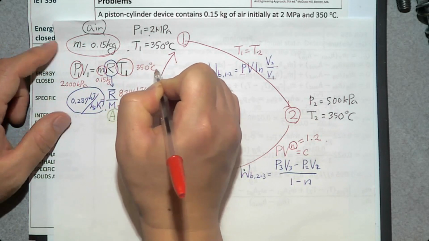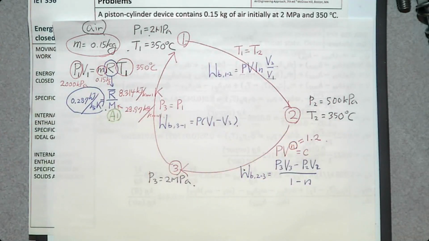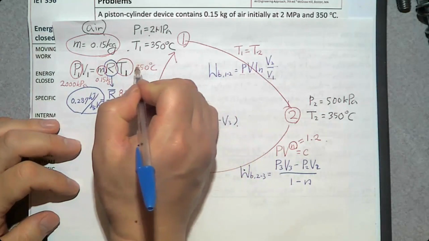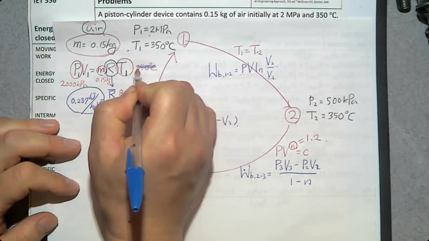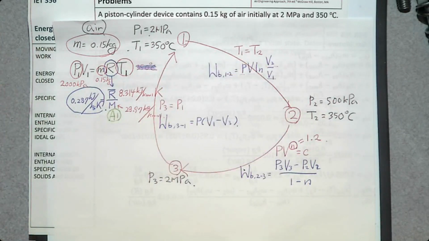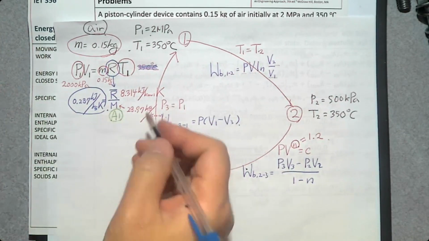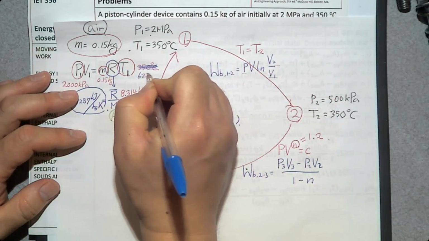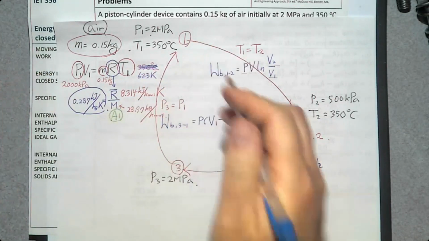350 degrees Celsius. Am I right? Is this right? No. Kelvin, right? So don't make this mistake this Tuesday, right? So 350 plus 273, 623 Kelvin. Always use Kelvin.